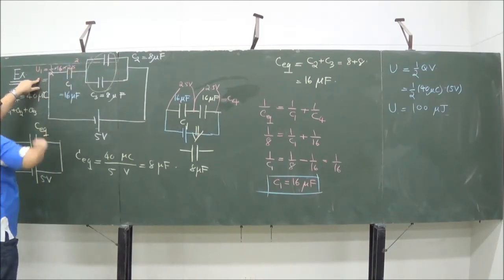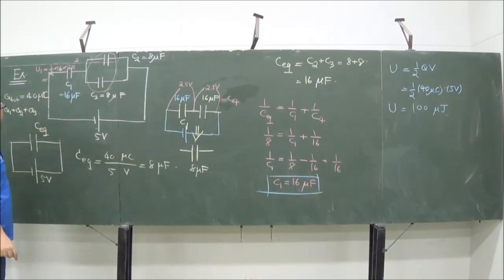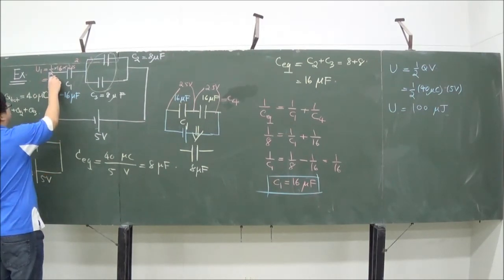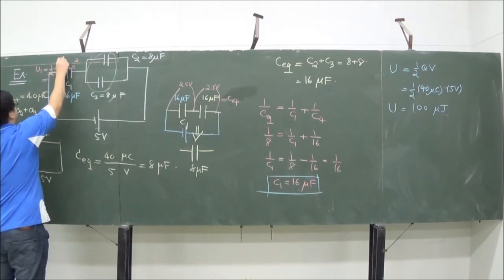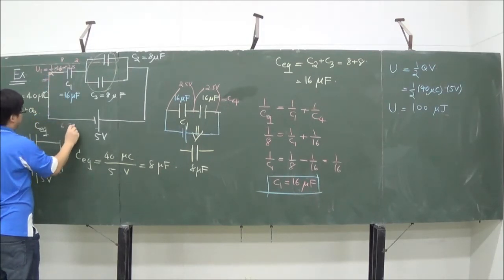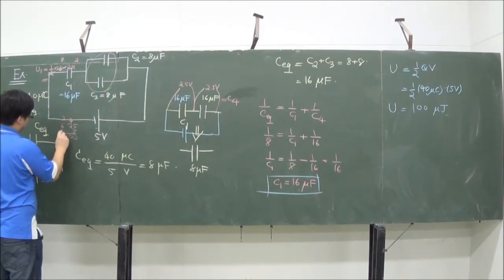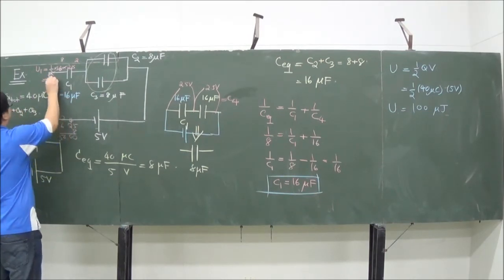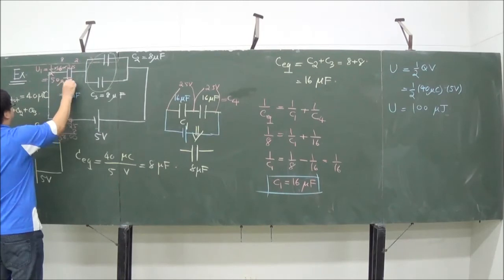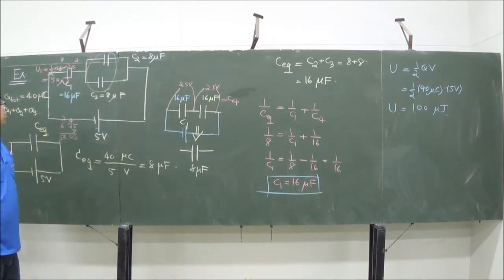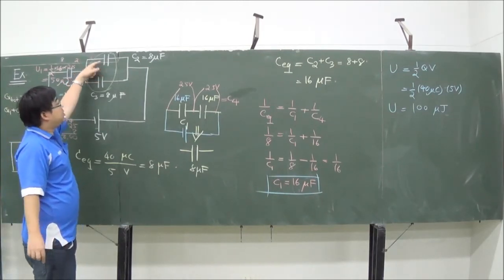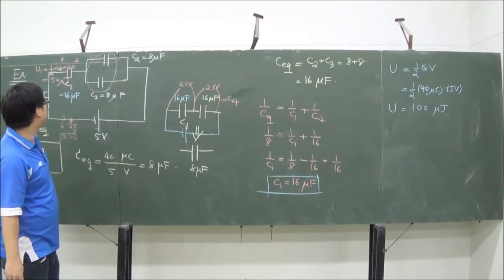So you get the energy for U1, let's say this is 8, 6.25 times 8, 50 microjoules.